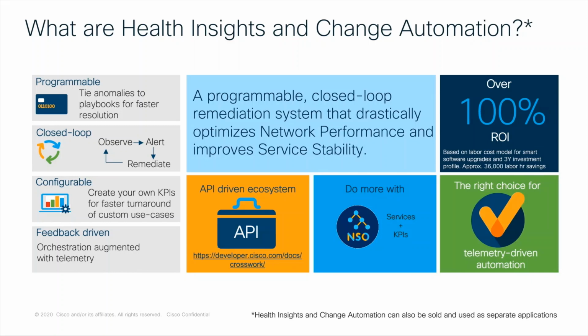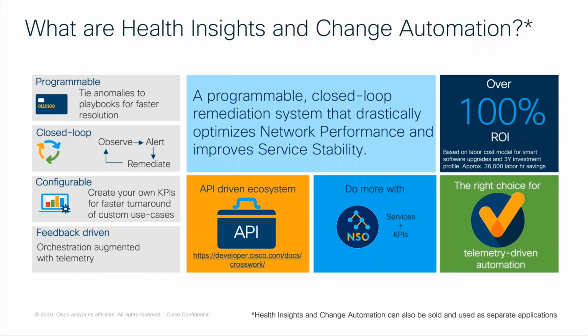For us to get there, we have the concepts of key performance indicators, which fall under the umbrella of Health Insights, and playbooks, which fall under the umbrella of Change Automation. These are pretty customizable, and these products are built with an API first strategy.